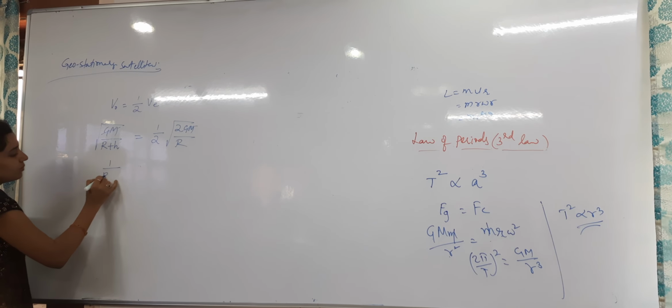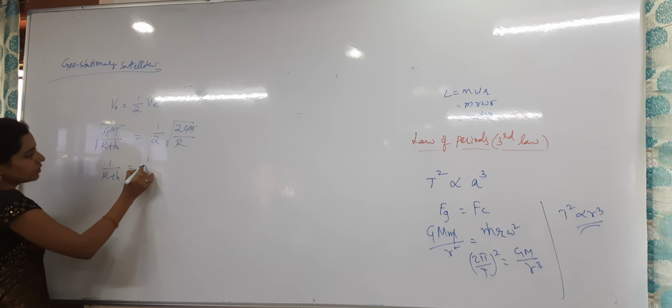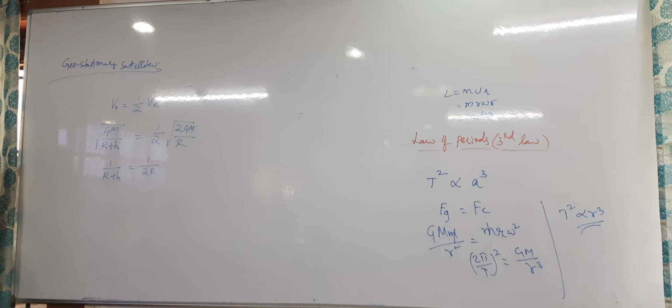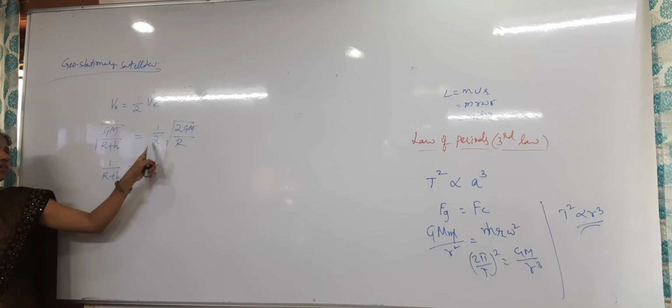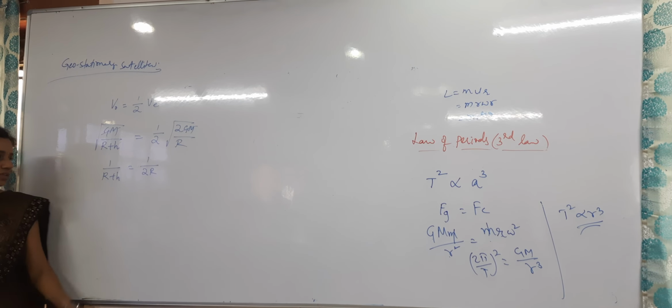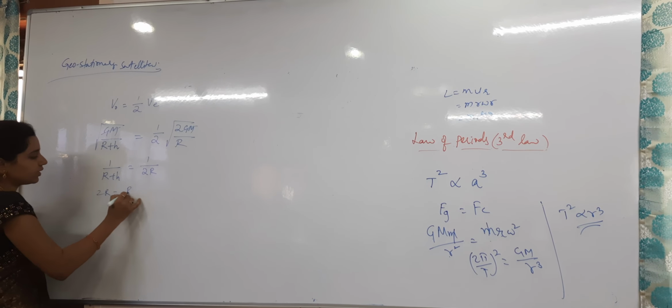Then what will be remaining? R plus h is equal to, this 2 will go inside, and then 1 by 2R will be remaining. Everything gets cancelled there. Clear? Now 2R is equal to what I can write? R plus h.